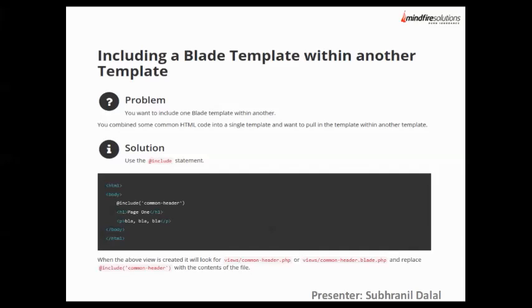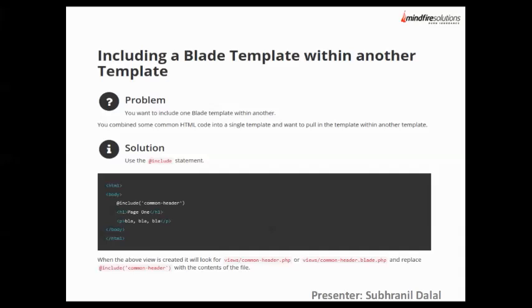Now, how can you include one Blade template into another Blade template? Suppose I have a layout, and inside that layout I extend another page, but in that page I also have a lot of sections which I want to break into multiple pages. So how can I include those pages in a page?